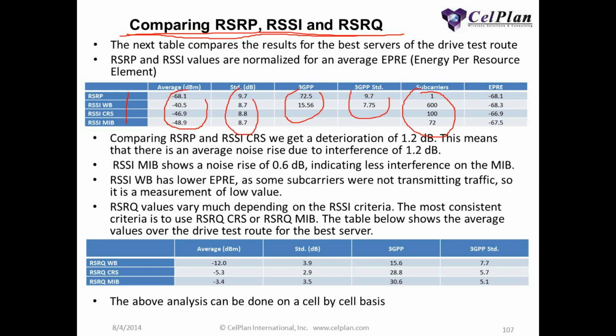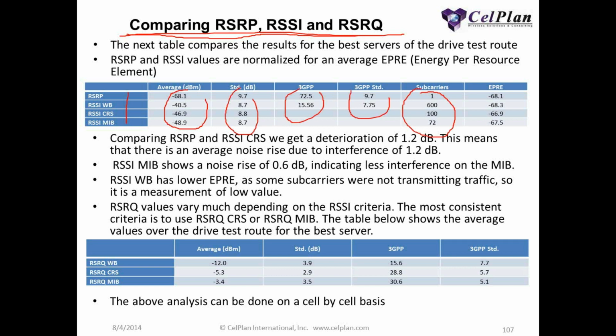So you can see that the RSRP is minus 68.1. But the RSSI CRS is minus 66.9, so it is a stronger value because most probably the CRS has a power boost, and the MIP value is minus 67.5.